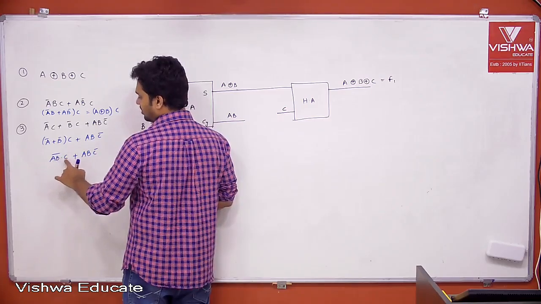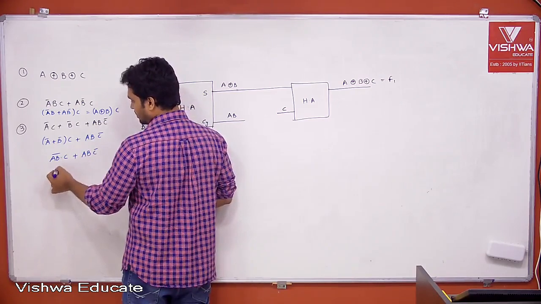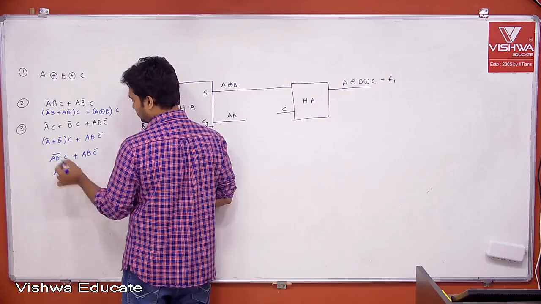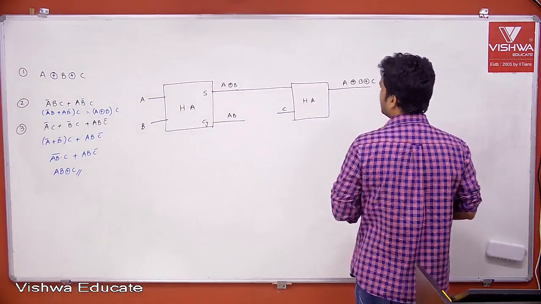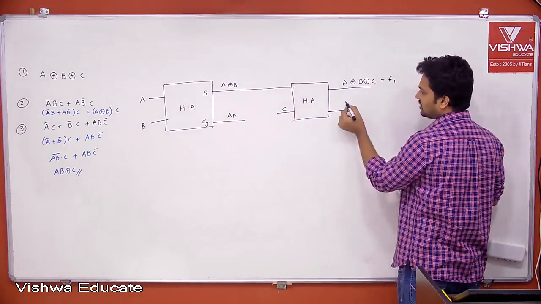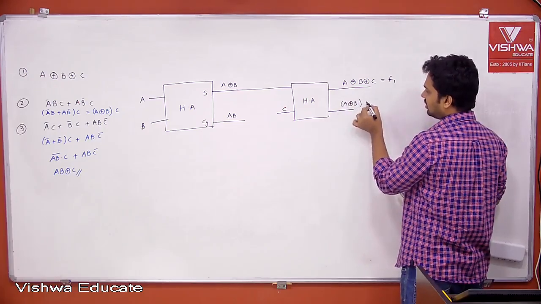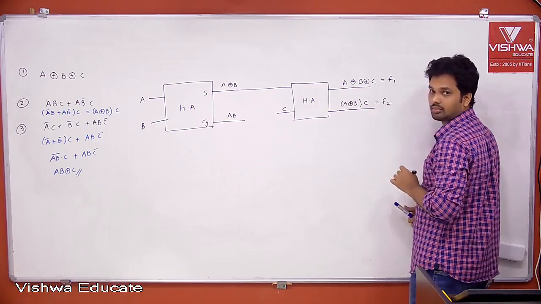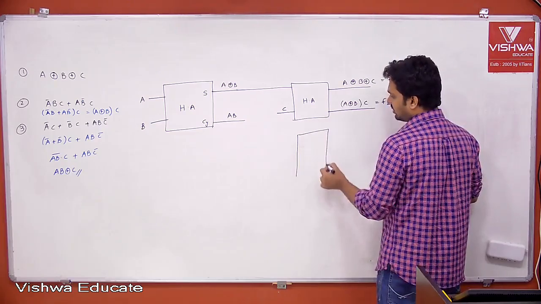Now X bar Y plus XY bar is X XOR Y. So now first function is finished. What about the second output? I'll get product of these two inputs, that is A XOR B into C. Function 2.